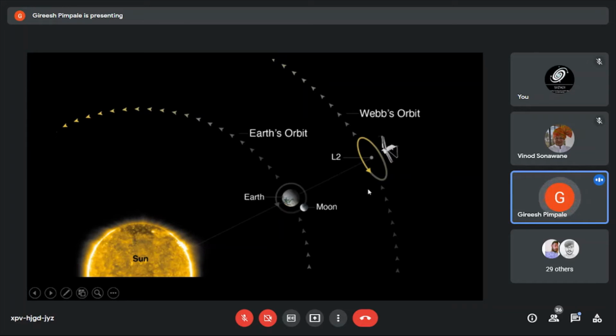Its sun shield is on this side. So no light coming from the sun is directly falling on the telescope. No IR emitted by Earth and moon is falling directly on this telescope, because there is what is called the sun shield. Though it is called a sun shield, it is protecting this telescope from the radiations coming from Earth and moon also.